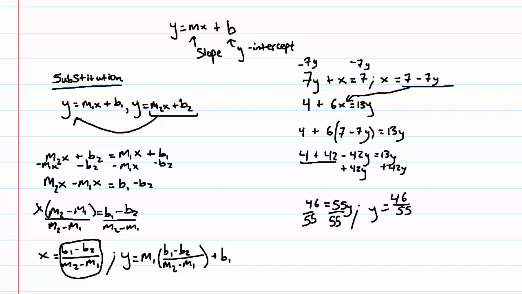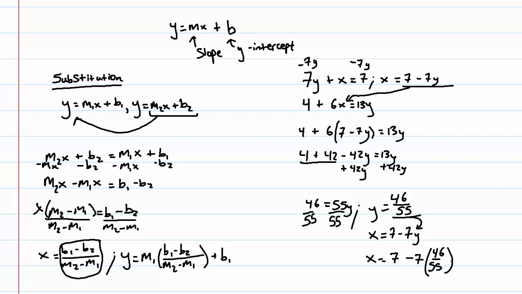We can't simplify this anymore, so now let's try to get x. The easiest way to do this would be plugging it into probably the top equation, because we found that x equals 7 minus 7y. So we take this value, we plug it into the y, and x should equal 7 minus 7 times 46 over 55.